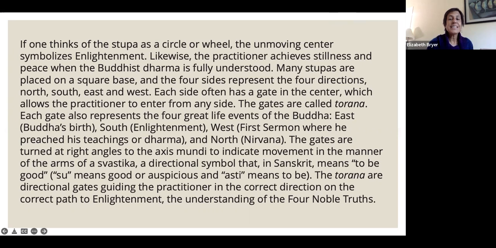Each side often has a gate in the center, which allows the practitioner to enter from any side. I'm going to let you read the rest of that. Yeah, the gates guide the practitioner in the correct direction on the correct path to enlightenment, the understanding of the 4 noble truths.